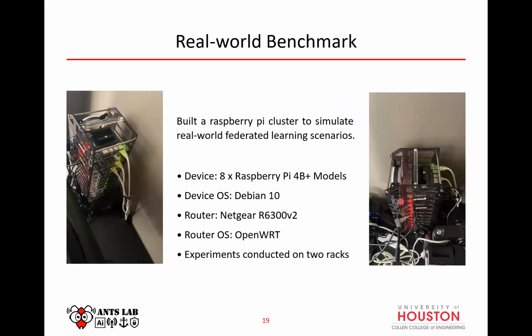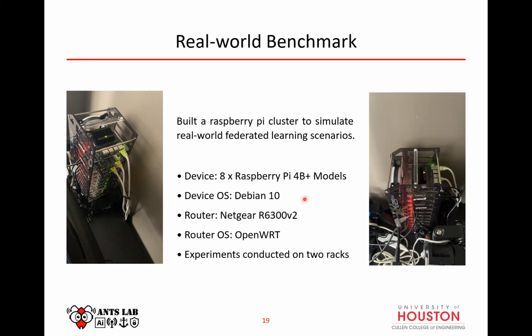And this was the real-world hardware experiment benchmark that they set. They built a Raspberry Pi cluster to emulate real-world settings. They have 8 Raspberry Pi 4B models and consider 2 racks of the same settings. On the left and the right you see the same settings, 8 devices each, so in total 16.